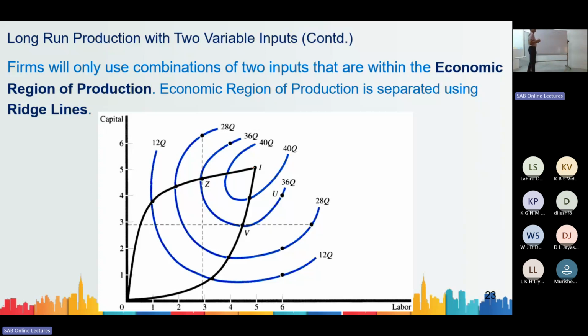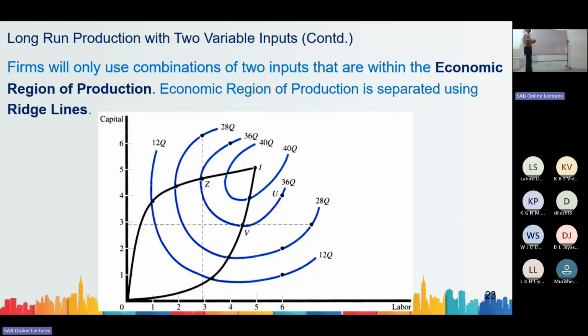When marginal product of labor is negative, the rational producer will not operate there. Similarly, when marginal product of capital is negative, again, the rational producer will not operate there.